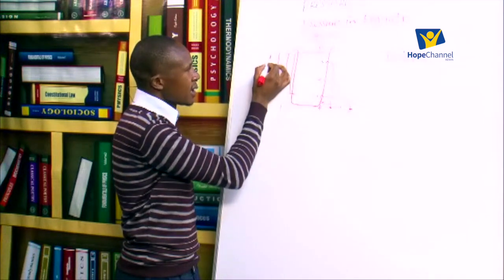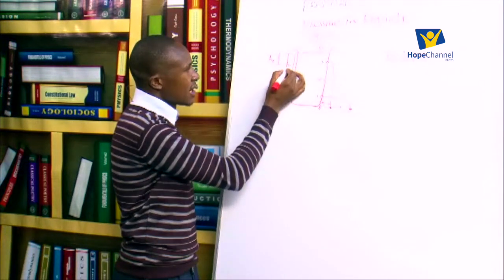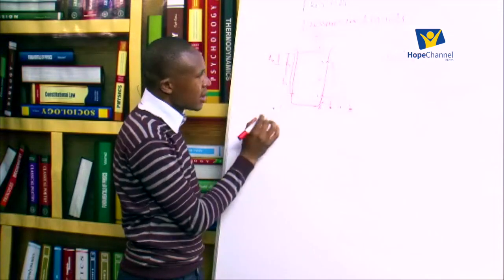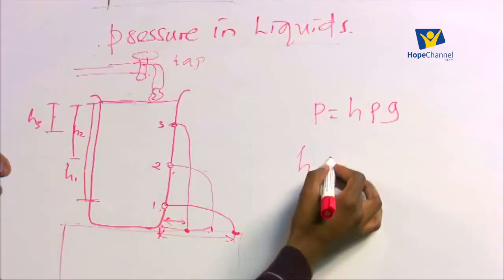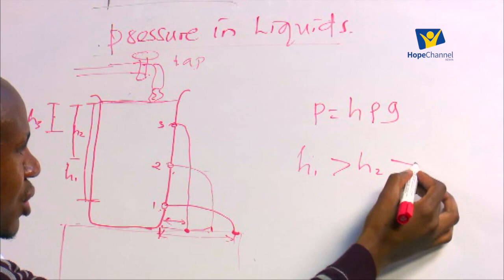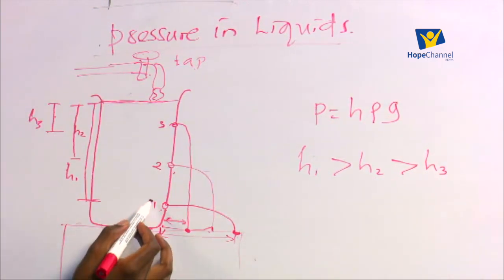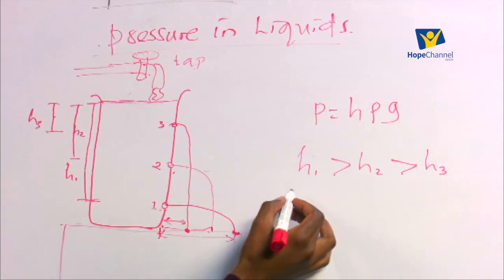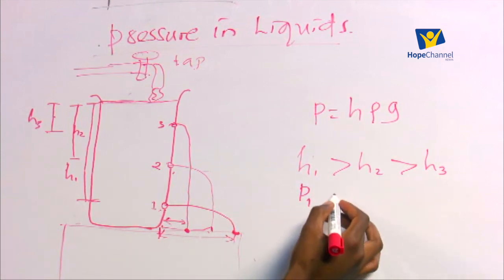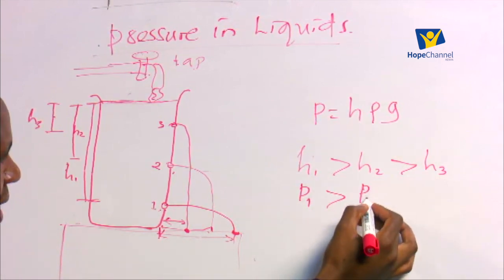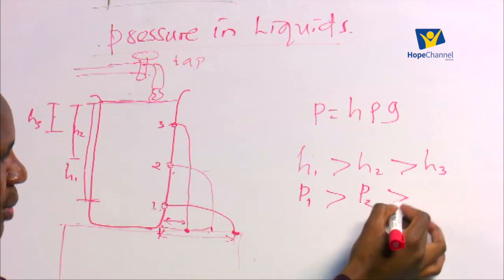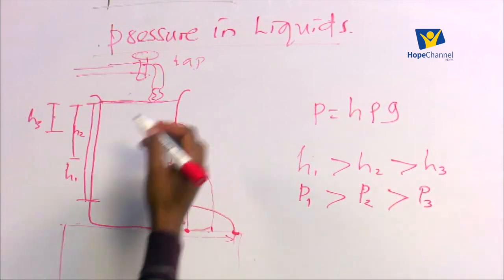So if we have the third height, the second, and then the first height, you realize H1 is more than H2, and H2 is more than H3. So that means the pressure which is going to be experienced around the first hole is maximum. So pressure 1 at the bottom is more than the pressure at the second hole. That is more than the pressure at the third hole on top there.